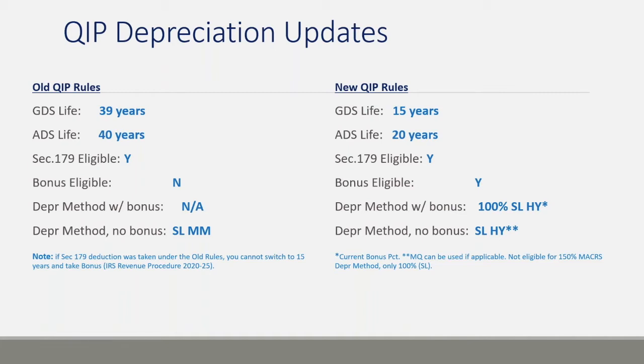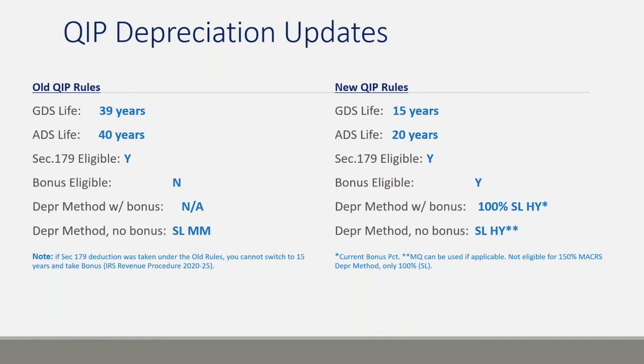They were Section 179 eligible, and they were not bonus eligible. Now, under the CARES Act changes, those same qualified improvement property can now be depreciated at 15 years for GDS and 20 years for ADS, and they are still Section 179 eligible, and now they're also bonus eligible.